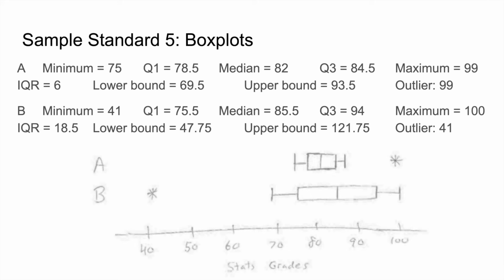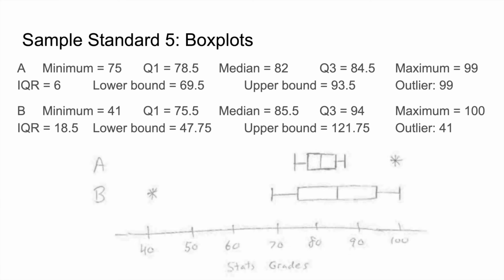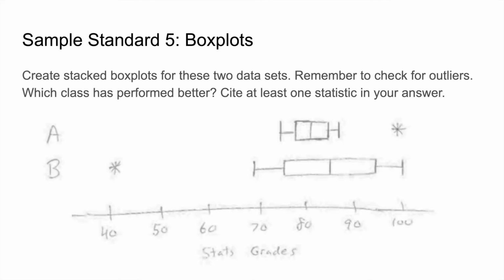The quote-unquote minimum looks like it's just below 70, because the lowest non-outlier is 69 for class B. Then we have our Q1, median, Q3, and maximum all positioned as expected for class B. So that is my stacked box plot drawing.